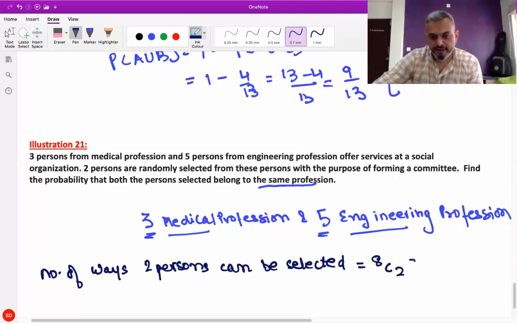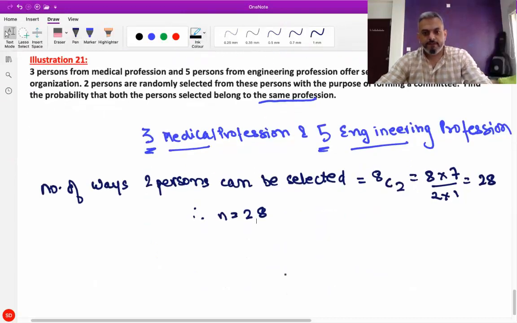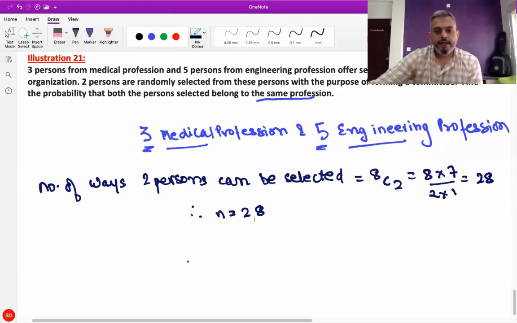So 8C2, which is 8 into 7 upon 2 into 1. 8 sevens are 56, divided by 2 is 28. So therefore n is equal to 28.